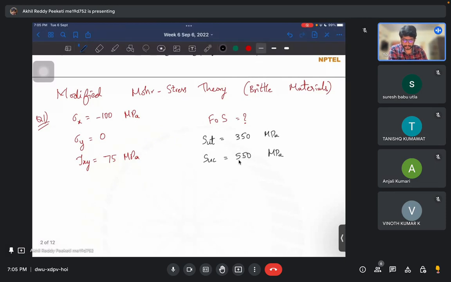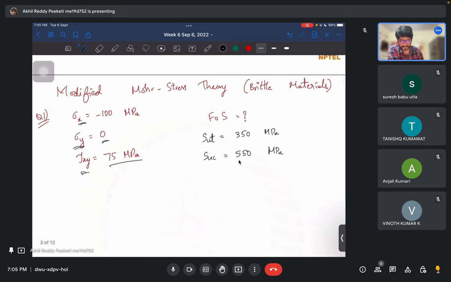Today's first question is failure of brittle materials using modified Mohr stress theory. We were given one axial stress and one shear stress, and the other, sigma y, is 0. So what is the first thing we should do from the stress tensor?